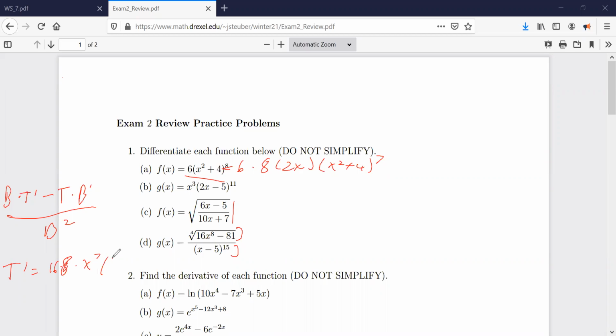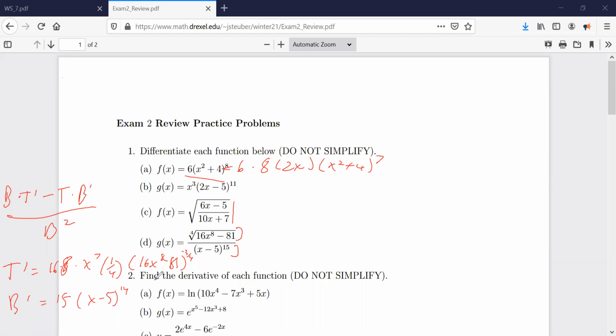And then we have times 1/4, and then times 16 x to the 8 minus 81 to the negative 3/4. And then derivative of the bottom is going to be equal to 15 times x minus 5 to the 14.